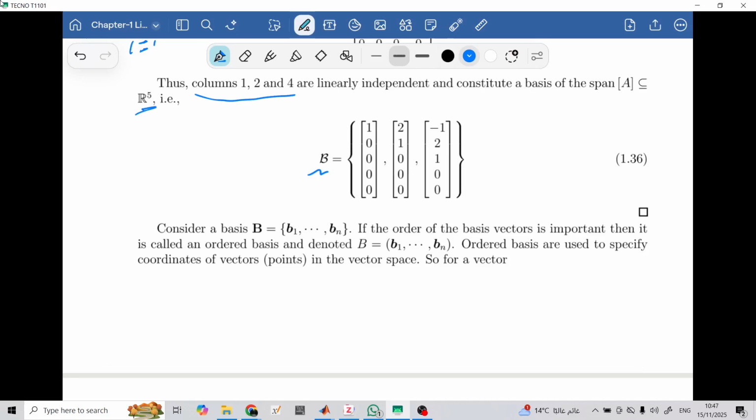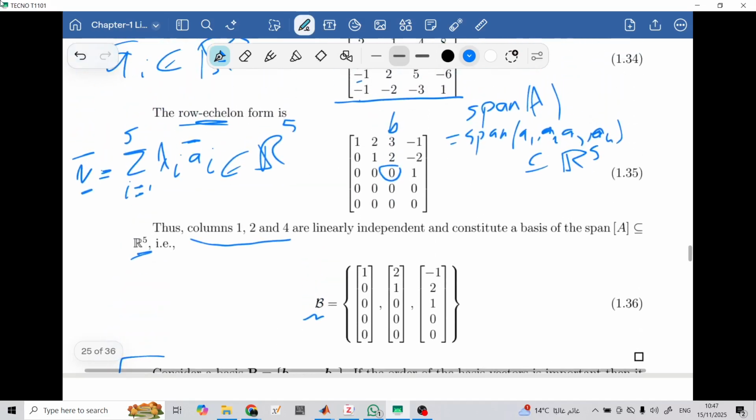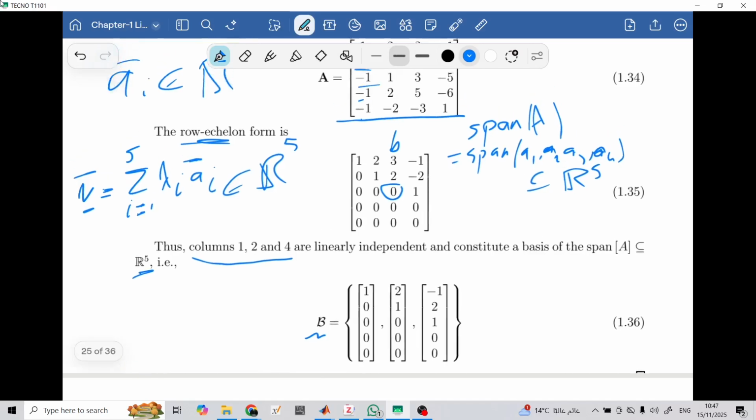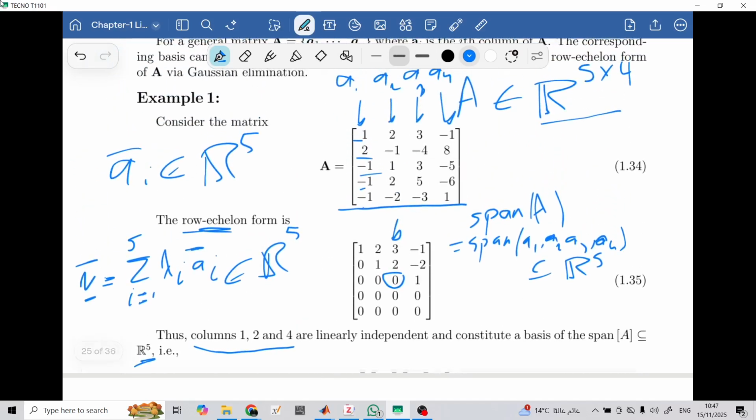Just before going there, let's take a break here and talk about how we connect this to linear algebra. We were talking about vector spaces, then vectors. Then we said we have a set of vectors and we put them in a matrix like this one here.